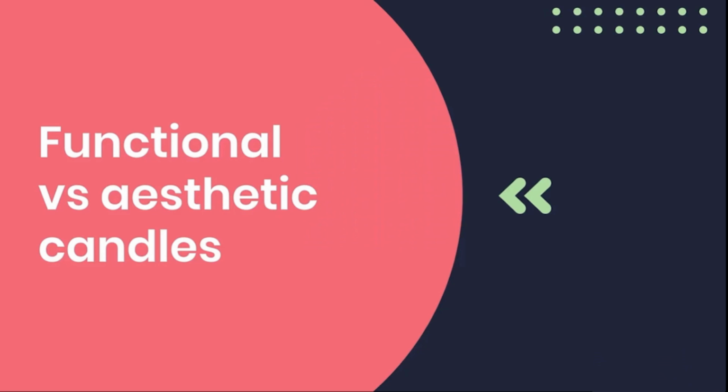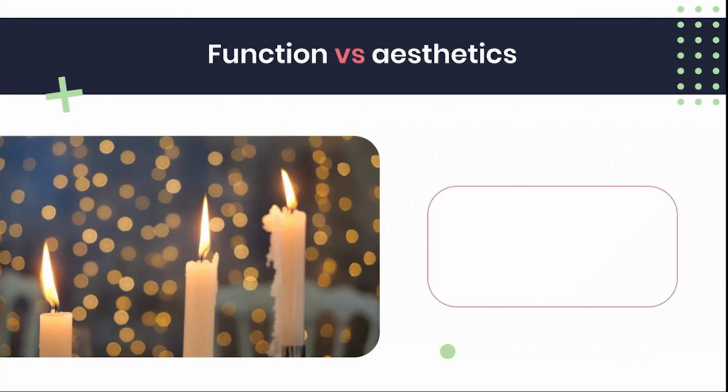We then need to consider the functional versus aesthetic of a candle wick. I think we can agree that all candles are aesthetic to a degree, even if their primary necessity is for the functional value of light. That being said, the correct wicking of the candle will affect the overall aesthetic value.